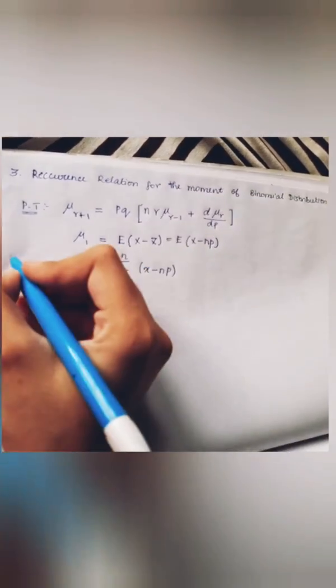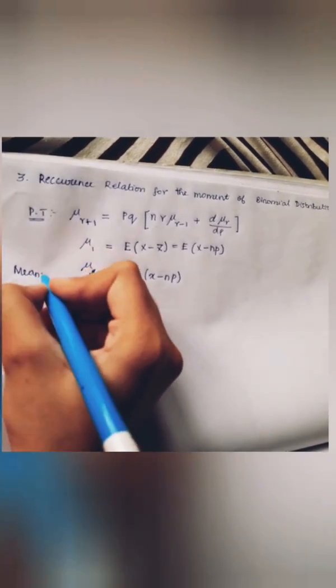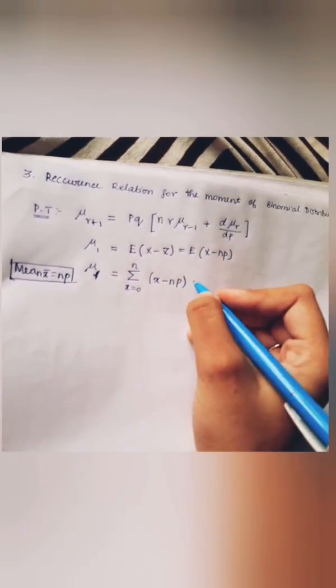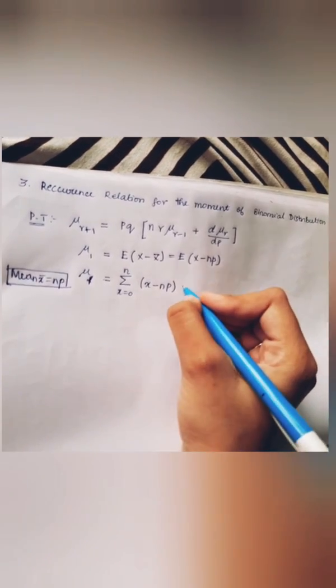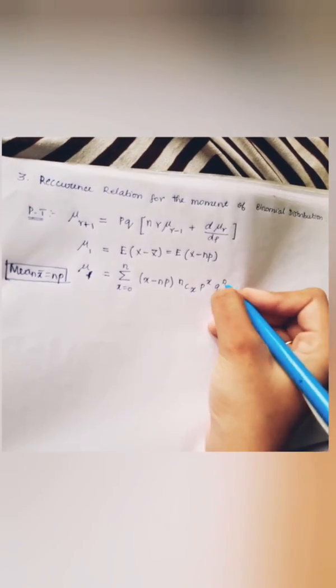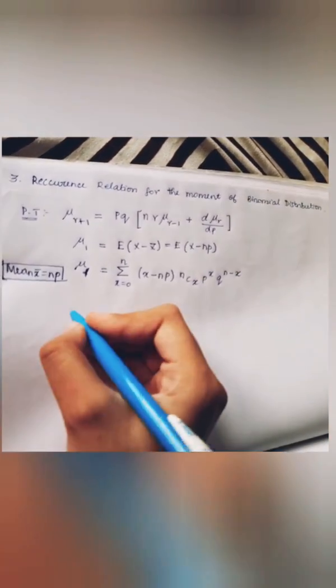We have to write the formula, that is the binomial formula, ncx p power x q power n minus x. Now we have to proceed like this.